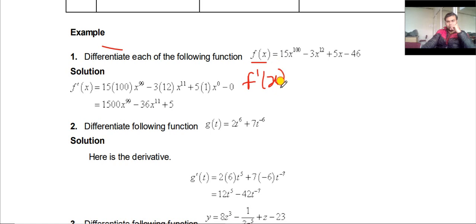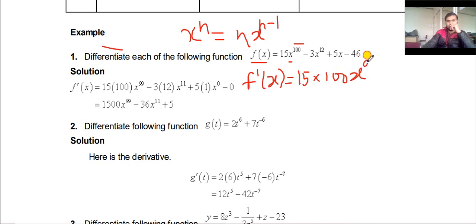It is equal to, then we write this 15, and differentiation of x to the power n is n x to the power n minus 1. So what is n here? That is 100. So we have to write this 100 in front of this. 100 into x to the power n minus 1, 100 minus 1, that is 99.